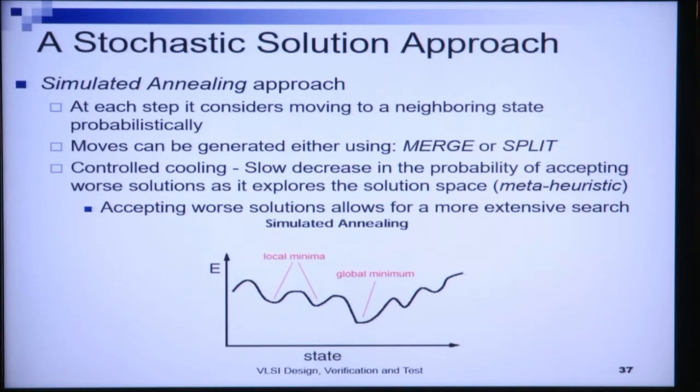For example, suppose I go on doing merging and I obtain this local optimum. Now, if I do further merging from this configuration, I will not obtain a better solution. So I have to randomly perturb the solution and go to a different part of the state space and try to minimize from there.